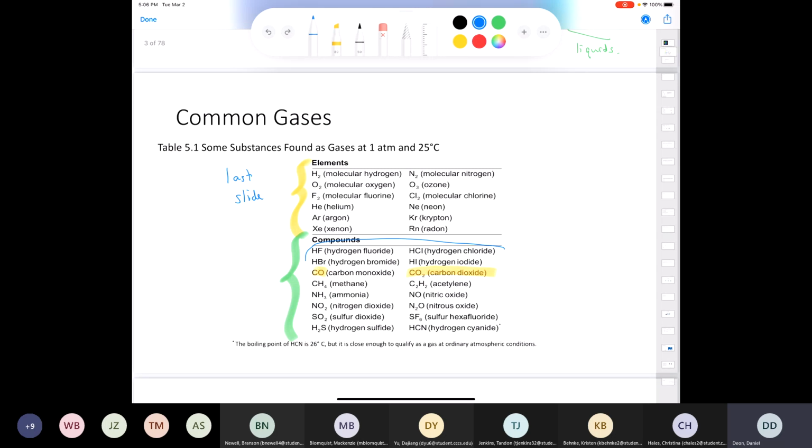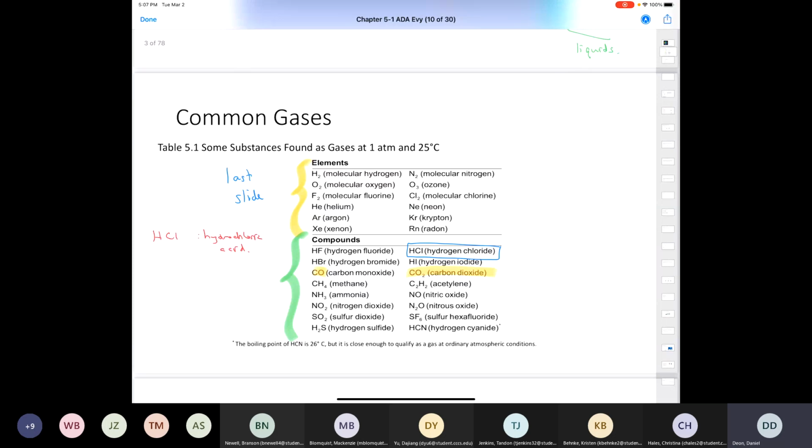And I had a student ask me a question about this maybe a few semesters ago. The student said, well, Mr. DM, I thought that HCl was hydrochloric acid. Well, when you have HCl in its pure form, it's actually called hydrogen chloride. And hydrogen chloride and hydrochloric acid are two very different things.